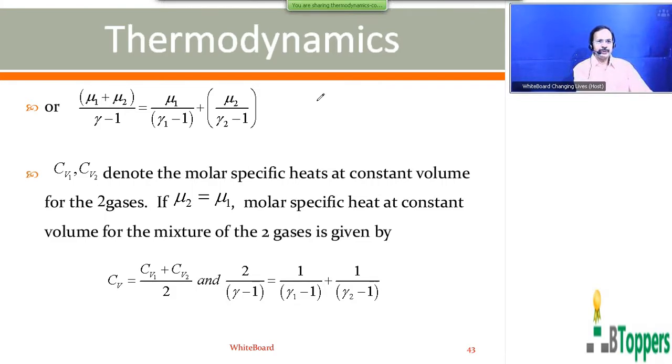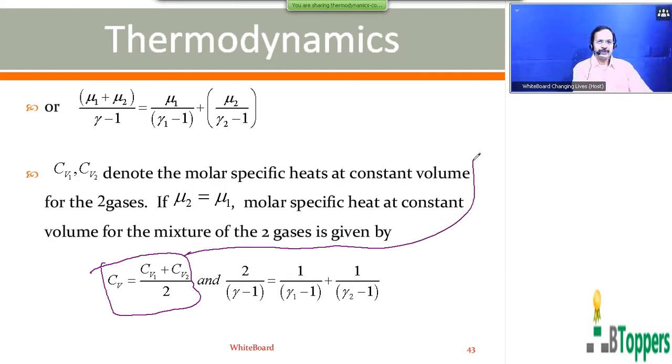From the same equation, if nu1 and nu2 are equal, I just want to show how we write the right side equation from this equation. CV we can write as R by gamma minus 1, CV1 we can write as R by gamma 1 minus 1, CV2 is equal to R by gamma 2 minus 1.